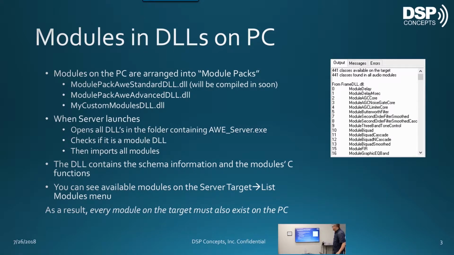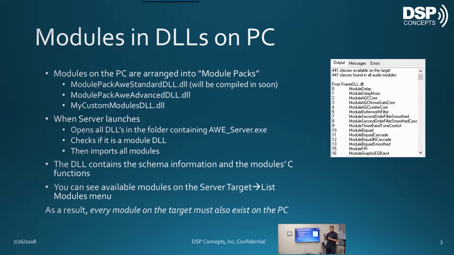Okay. Now on the PC, the modules are contained in these DLL files. So these are dynamic link libraries. They're organizing these different module packs. And when the server launches, there's an AWE server.exe. When that launches, it looks for all the DLL files in the same directory that the server exists in.